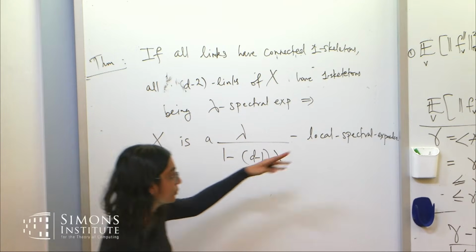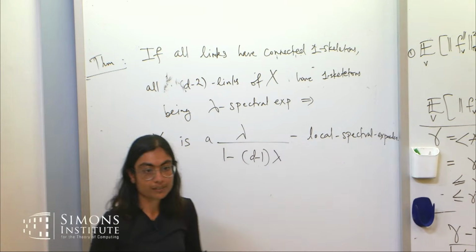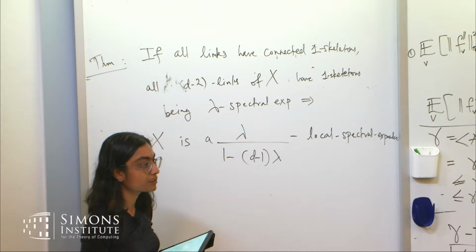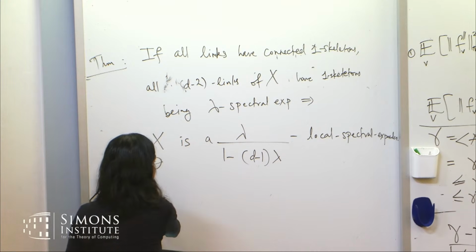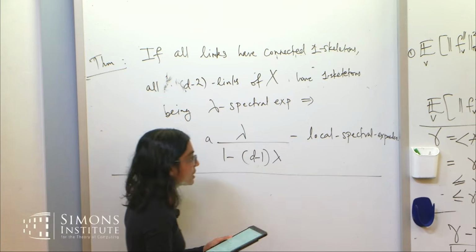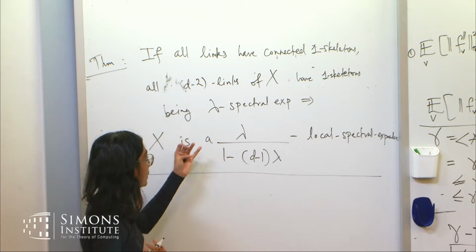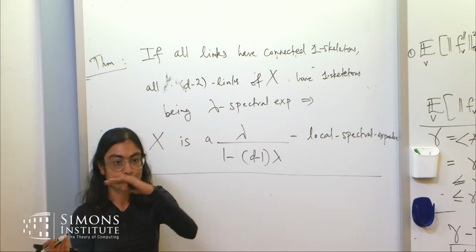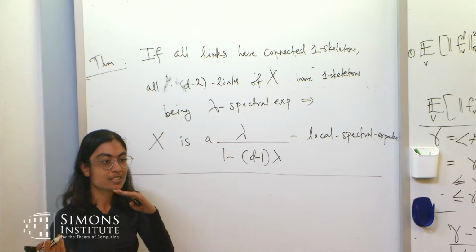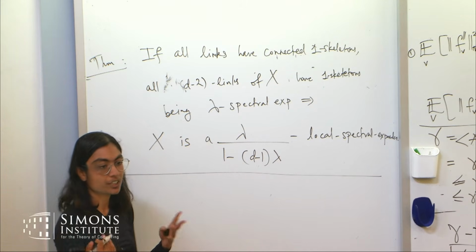And you just need to apply this theorem again and again to get this. So this tells you that to show local spectral expansion, all you need to do is bound the topmost links and also show that every other link is connected.